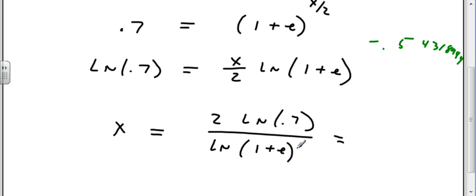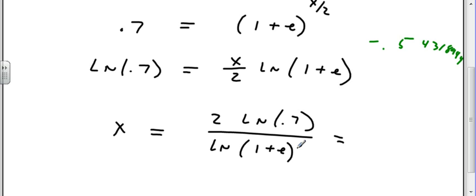All right, so we're going to come back down to this guy. 2 times the natural log of 0.7 divided by natural log of 1 plus e. And to put an e in, I got to go e raised to the 1 power.